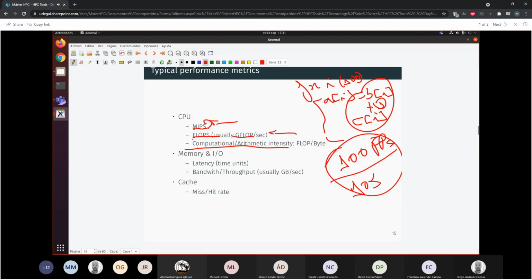Okay? And byte is the amount of information that you load. So for instance, when you load a single precision floating point number, that will be 4 bytes. Okay? So it's just because you cannot put something like float per element, because the element can have different lengths.